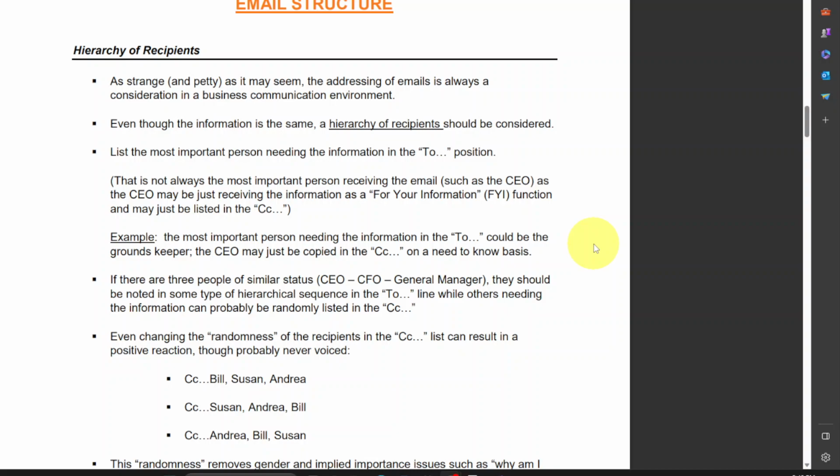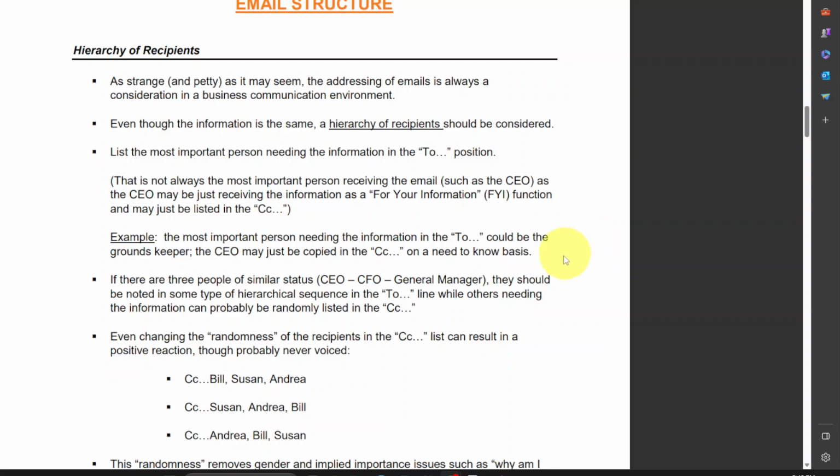If there are three people of similar status, let's say like the CEO, the CFO, and the general manager, they should be noted in some type of hierarchy sequence in the To line, while others needing the information can probably be randomly listed in the CC.